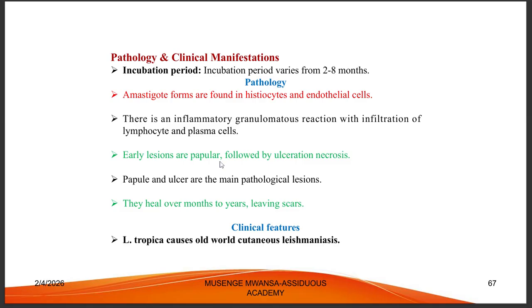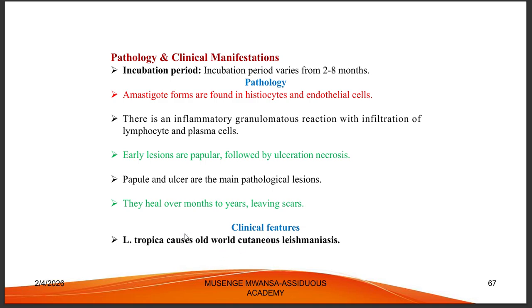The lesion here is going to be papular followed by ulceration. Remember, this one is causing cutaneous leishmaniasis. It's a skin disease. So we're going to have these papules after you are bitten, which can heal in months or even up to years. It can leave a scar.